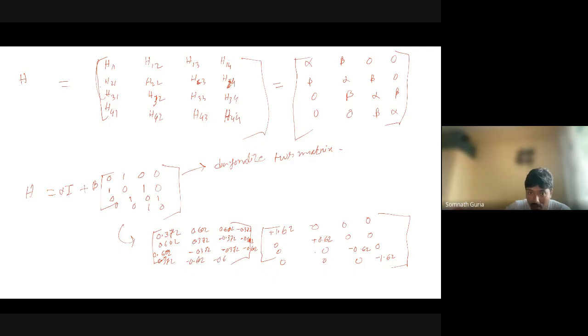Oh sorry, it is plus 0.602, 0.372. This is called the C coefficient, and this one is called the diagonalized matrix.